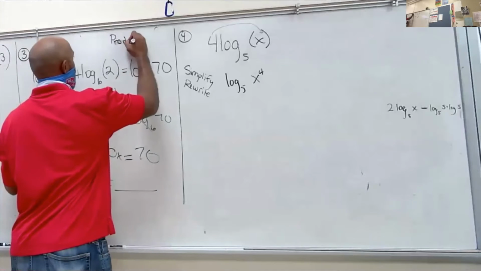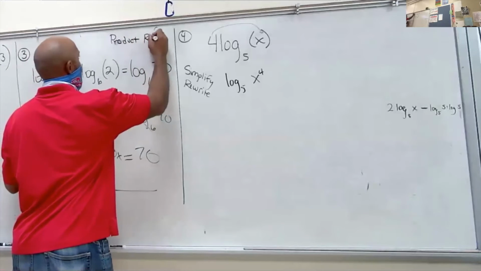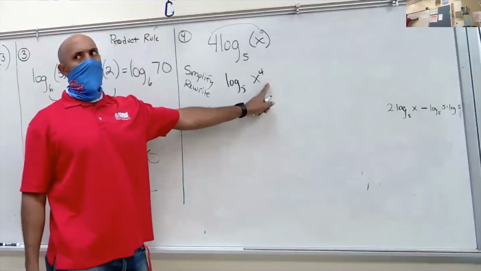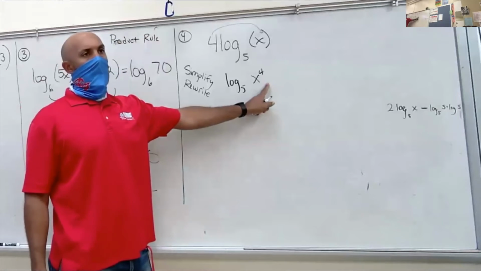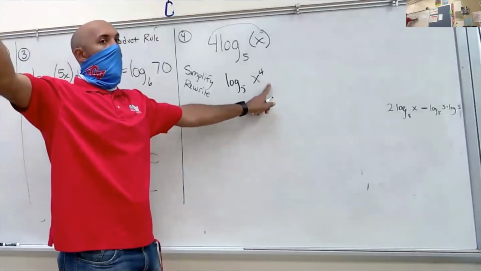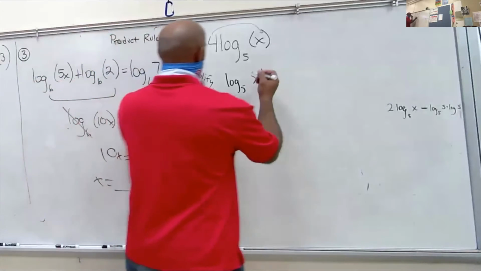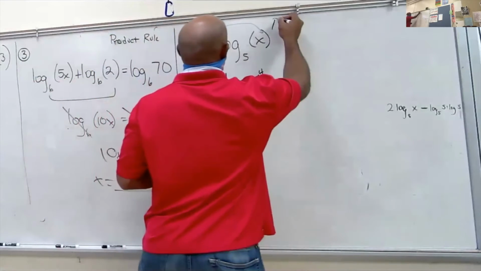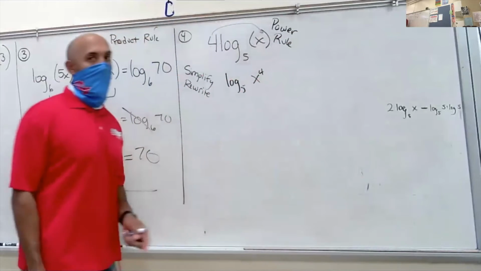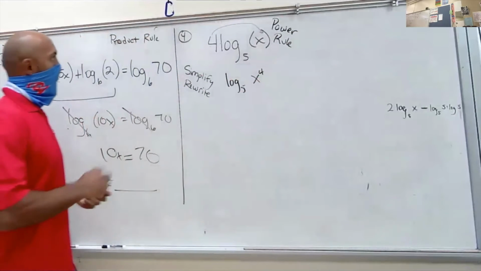So product rule. Okay, when you move it to an exponent, what's another name for an exponent? X to the what? Power. 4th power. Okay, so this is the power rule. Okay, when you're just moving that number in front to the exponent. Okay. All right.